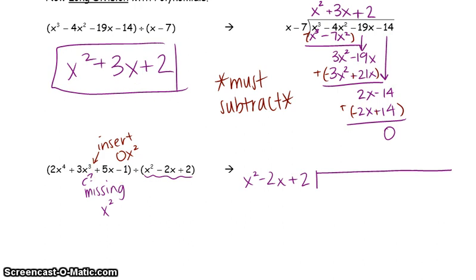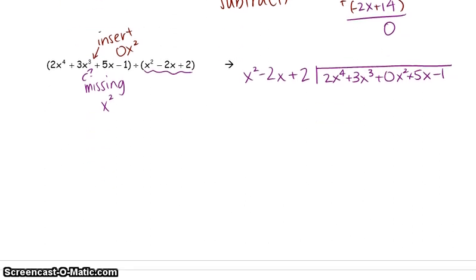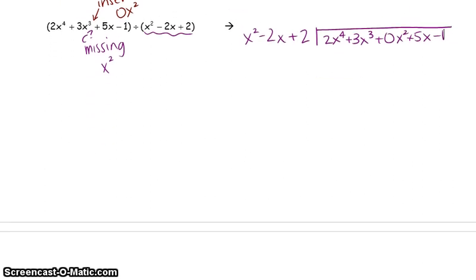This just helps keep everything in order, and you'll see why as we solve these problems. So we have 2x to the fourth plus 3x cubed plus 0x squared plus 5x minus 1. Okay. This is what we start out with.